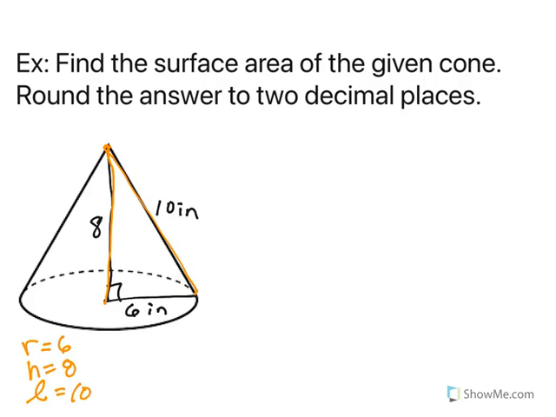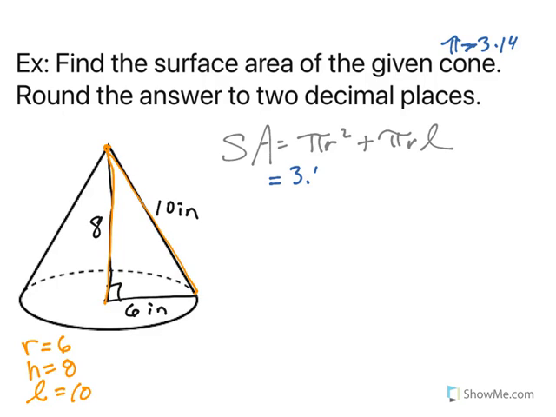What is my surface area formula? Surface area equals pi r squared plus pi r L. Let's substitute in what we know. I am going to use pi equals 3.14 just for easy calculations. If you have a calculator with a pi button, you can use that. You could use 22/7. You should get a very similar answer no matter which one you use.